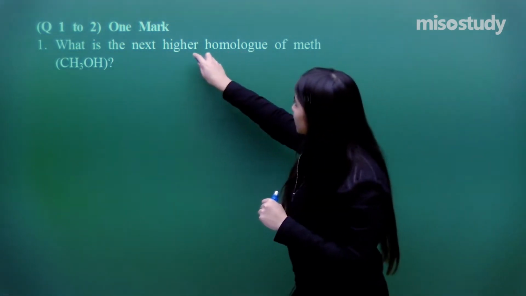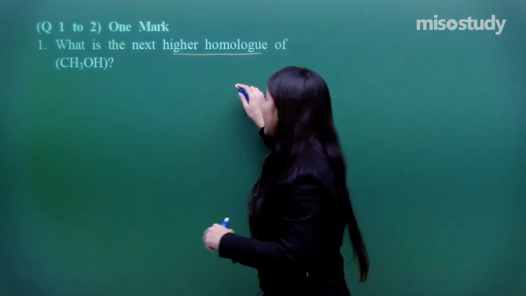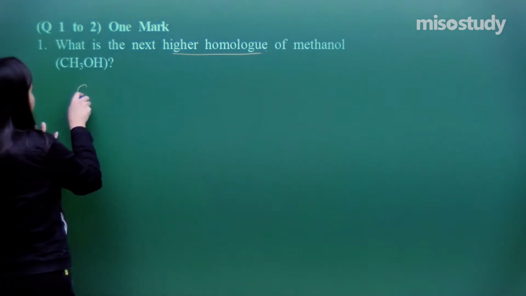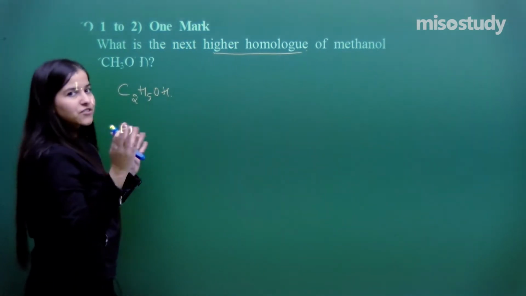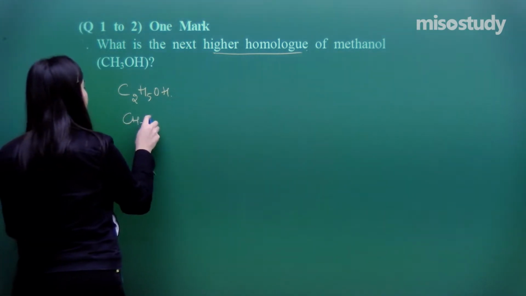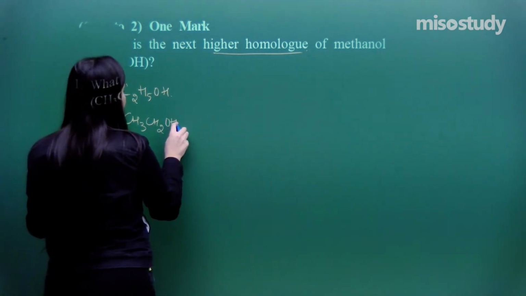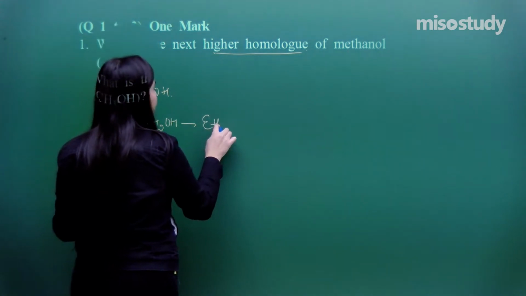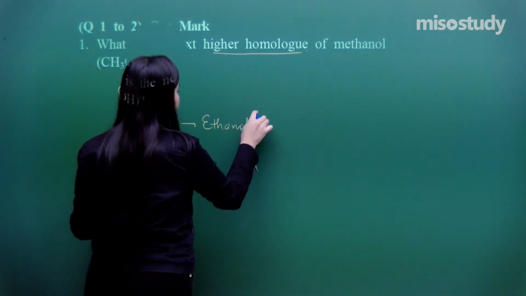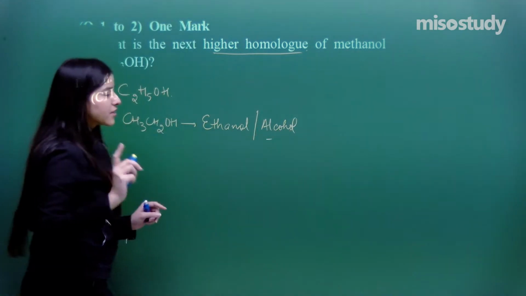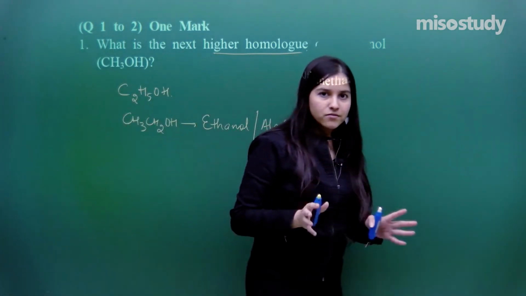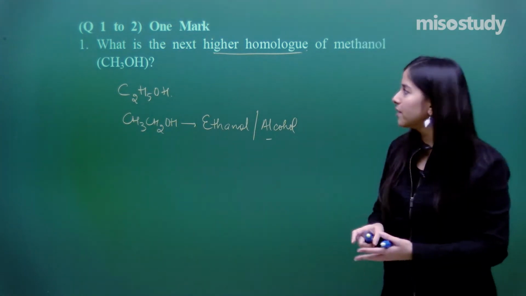So that will be the next higher homologue, and it is C2H5OH, or let us expand it, CH3CH2OH. This is going to be ethanol, the alcohol. Just 1 liner is required here, no extra marks for any extra lines.